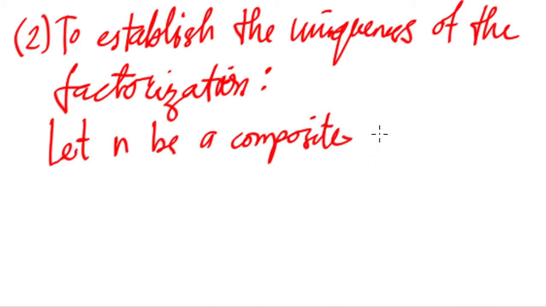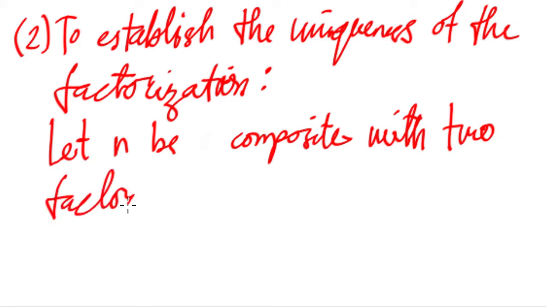Let n be a composite number, or let's say let n be composite, with two factorizations into primes.